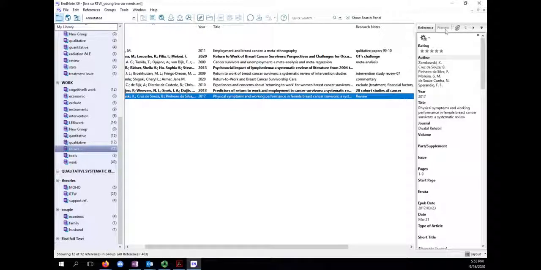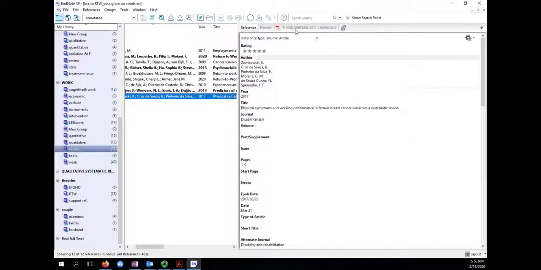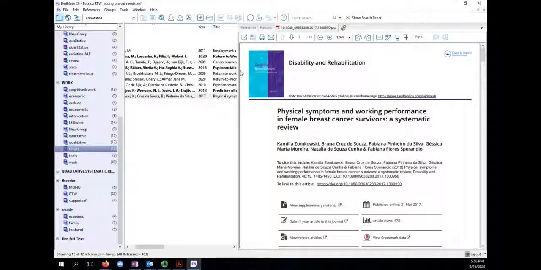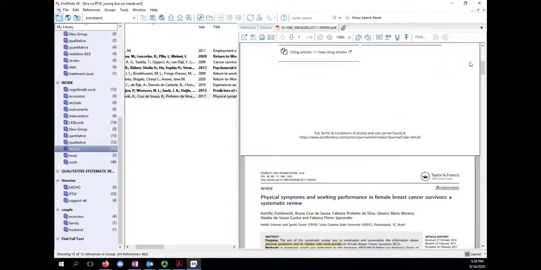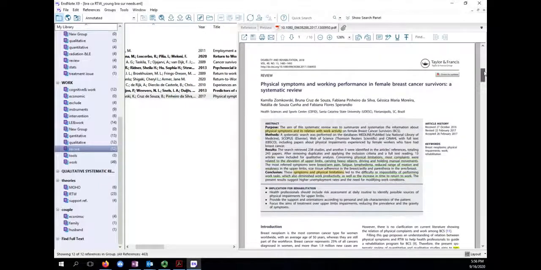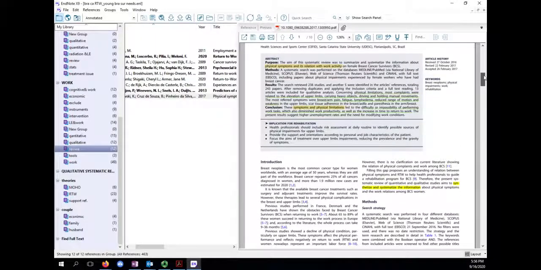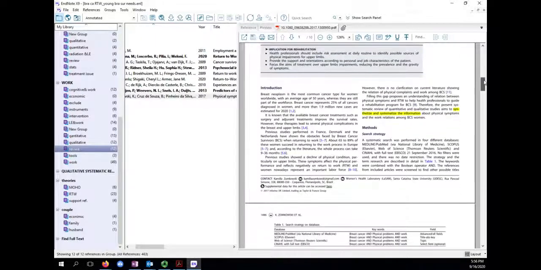And for example, this article, look at this literature review that I found based on this topic. I searched on the keywords of return to work and breast cancer survivors. And usually the introduction would be their problem statement or background.